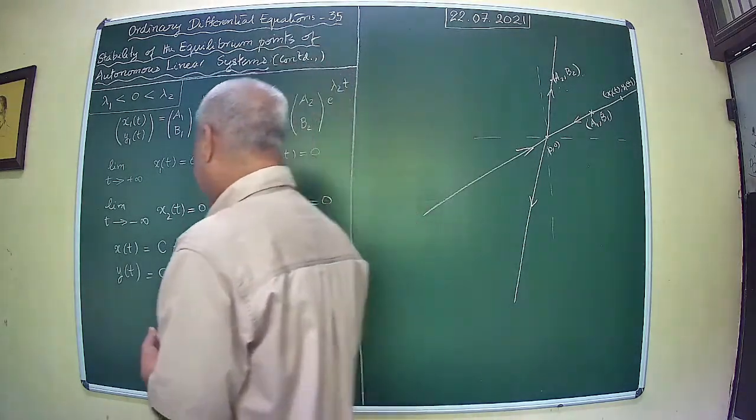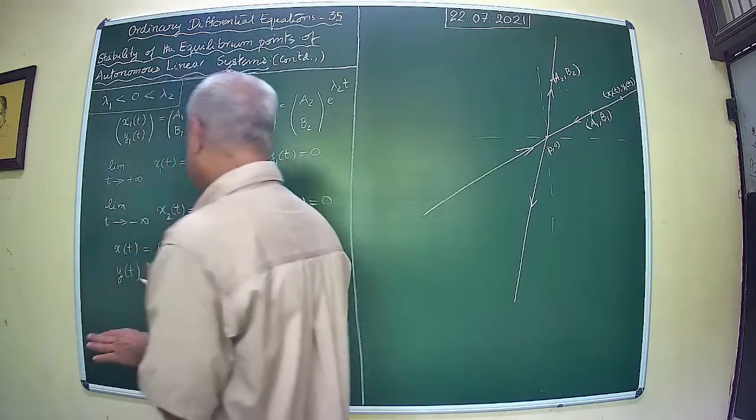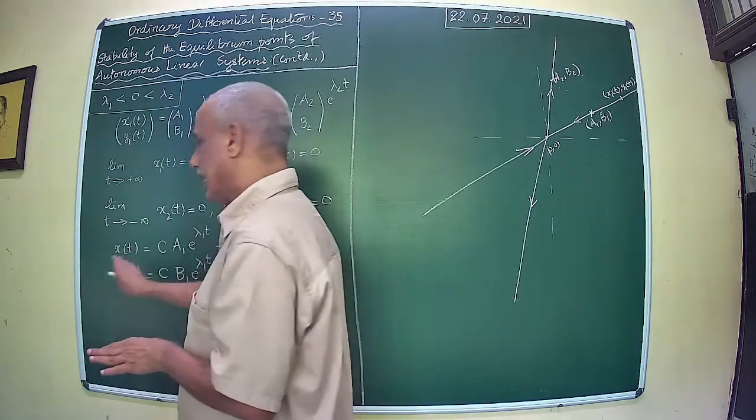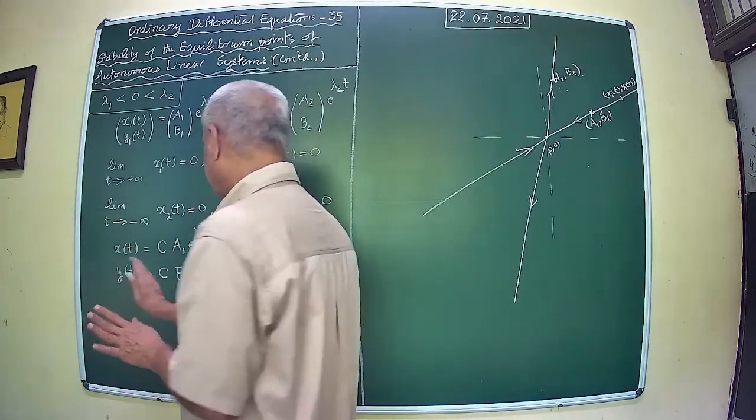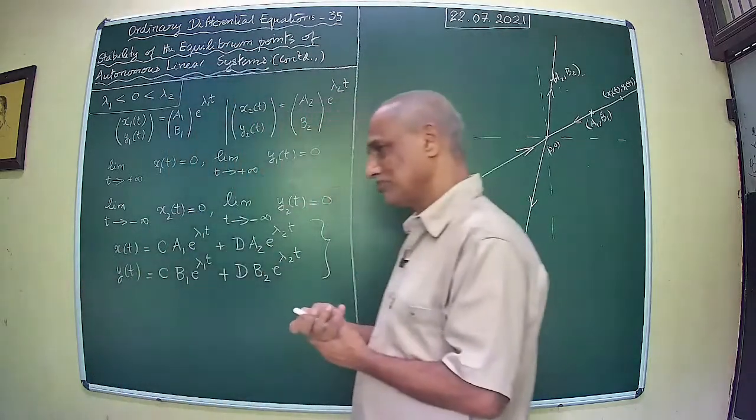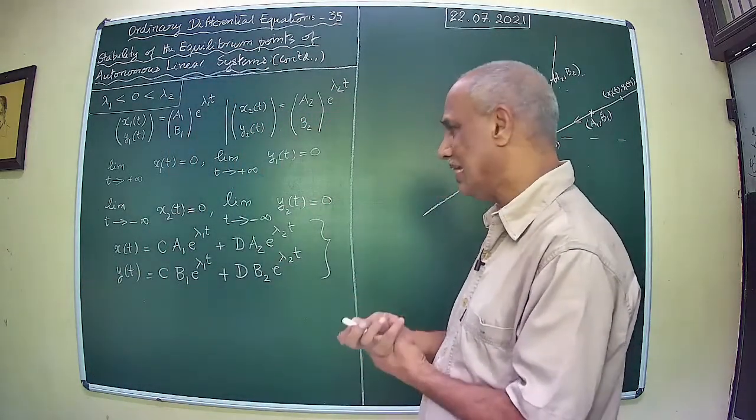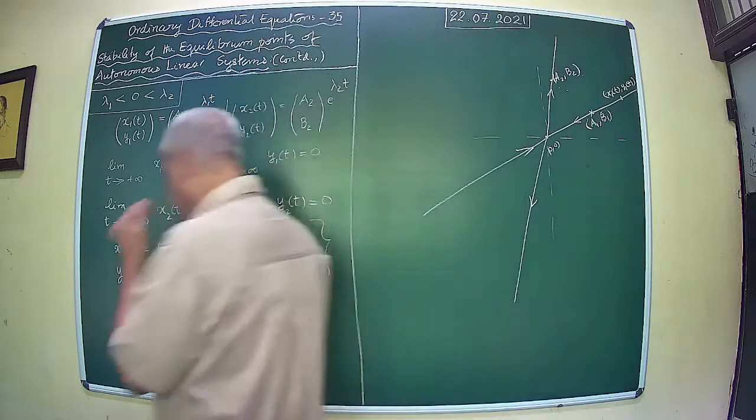So if d is not equal to 0, then you cannot say anything about the limit of x(t) and y(t). In fact, they become unbounded.